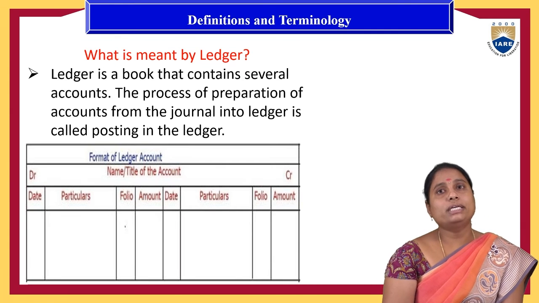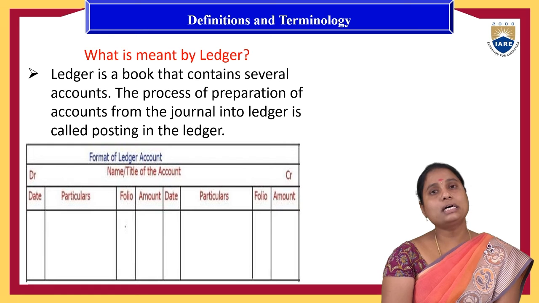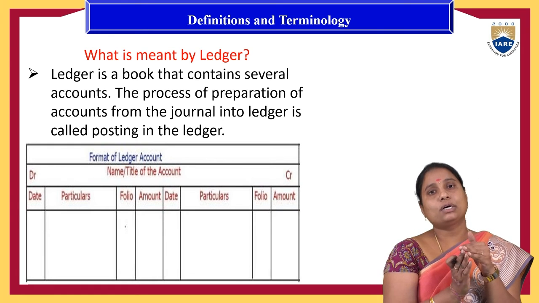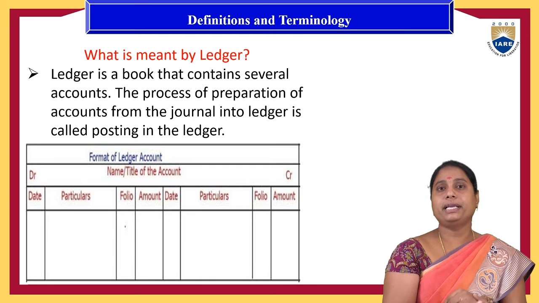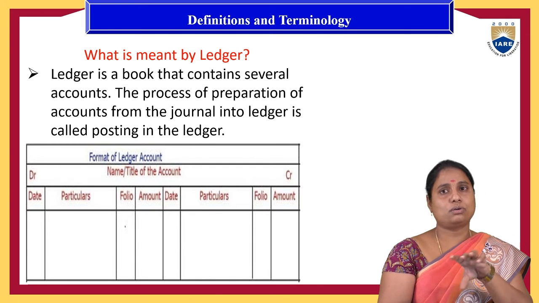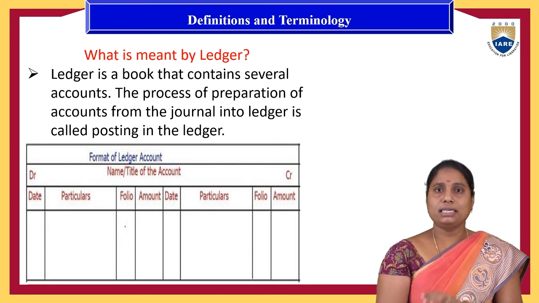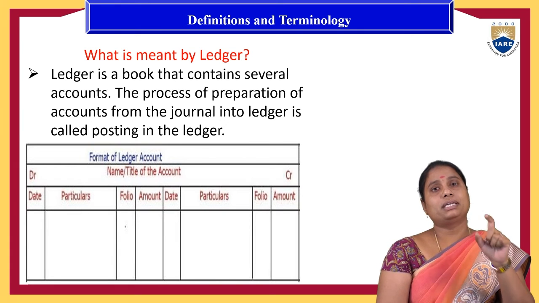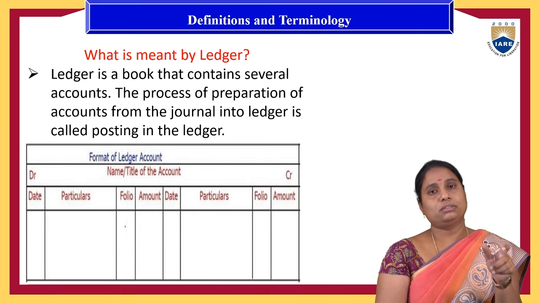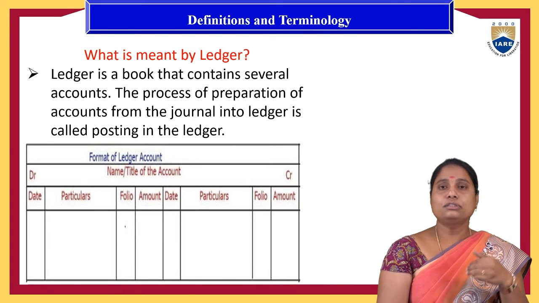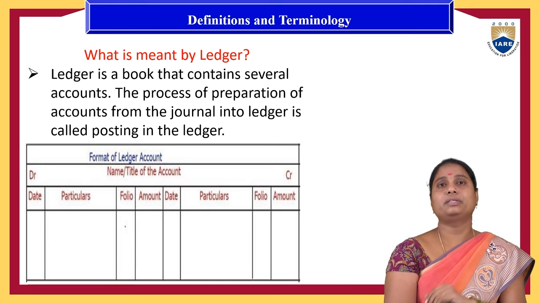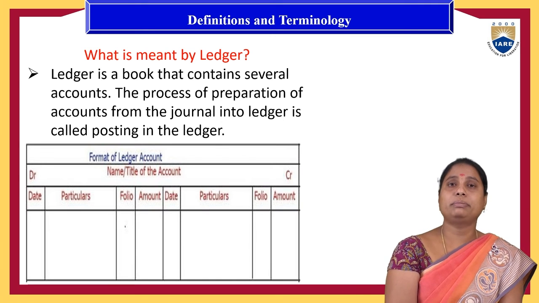Then the next one is the ledger. All the accounts are maintained daily in the journal. If one particular account is separately maintained, monthly or quarterly, and finally yearly also, we can see the total amount of that particular account. For example, purchases: on different dates it has been done, so the purchases information from all the dates is accumulated in one place, and then it is called the ledger for that purchases account.